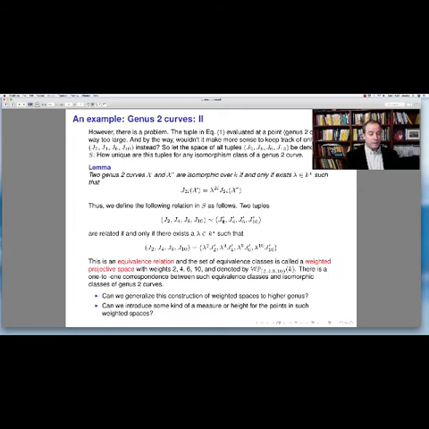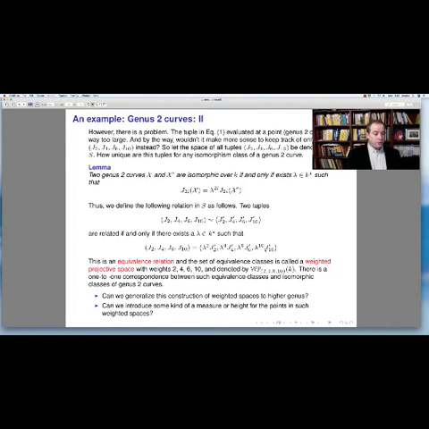Two tuples are related, equivalent, if and only if there is a lambda that satisfies this property, where the power of lambda is the same as the degree of the corresponding coordinate.